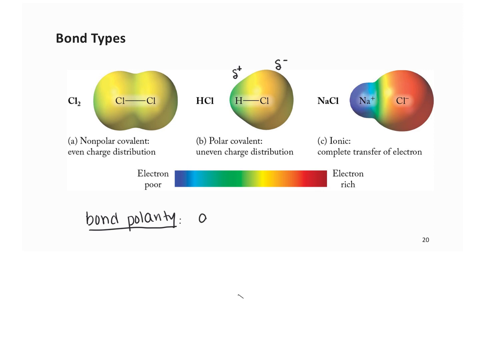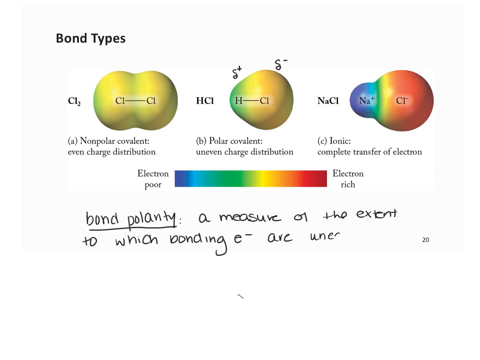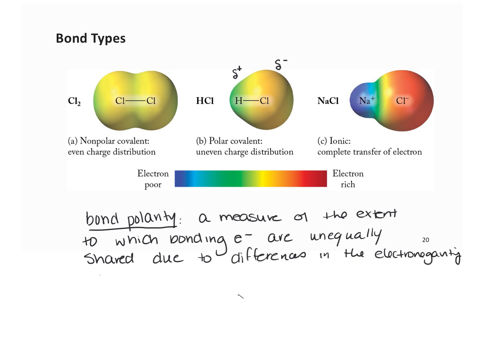Bond polarity is just a measure of the extent to which bonding electrons are unequally shared due to differences in the electronegativity of atoms. We're going to talk about electronegativity on the next slide.